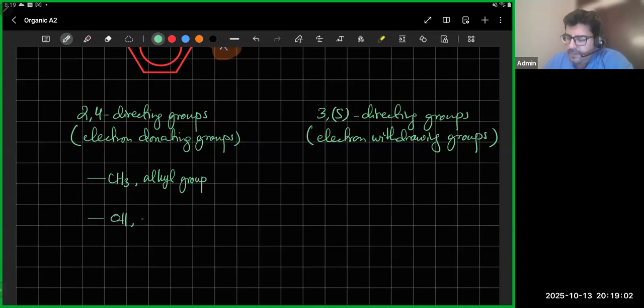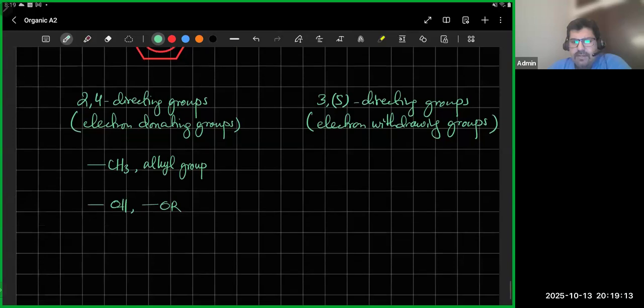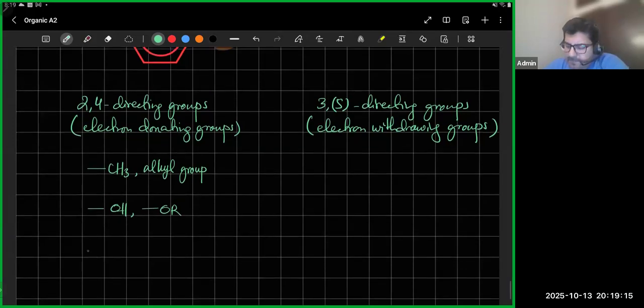Or you can also have ethers, OR, where R means an alkyl chain. What else can it be? It can be an amine. These are all known as 2,4 directing groups.